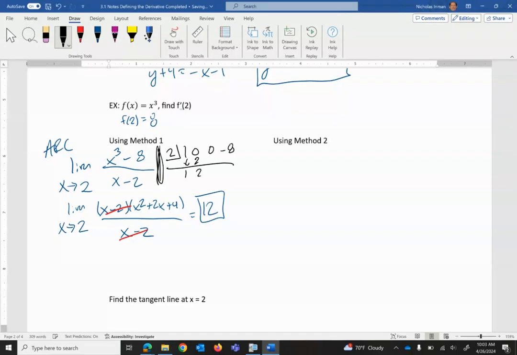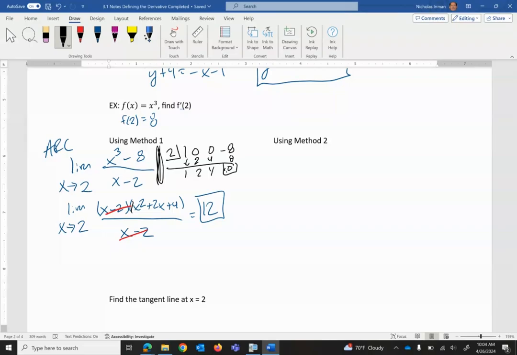Add, you get 2. 2 times 2 is 4. Add, you get 4. 4 times 2 is 8. Add, you get a remainder of 0. So it was 1x squared, 2x, and 4. That synthetic division should work every single time with our limits, and that is kind of a fun fact. That is totally fine, and that's good.